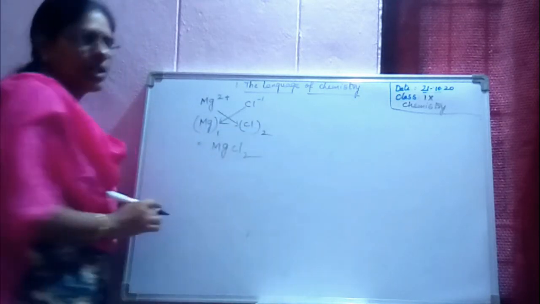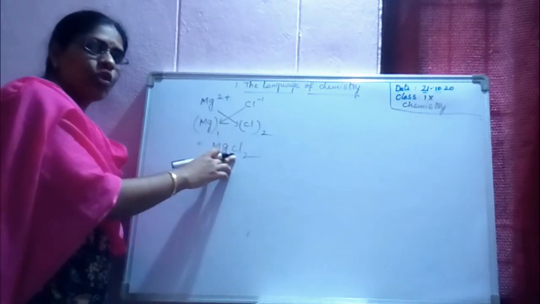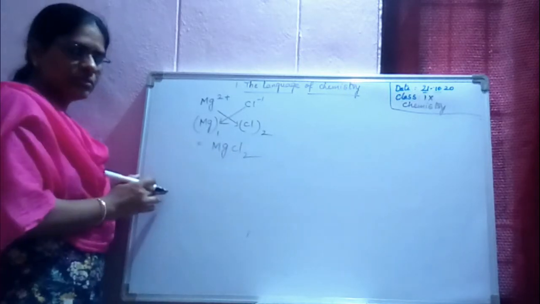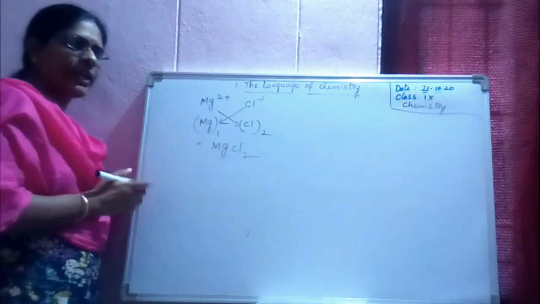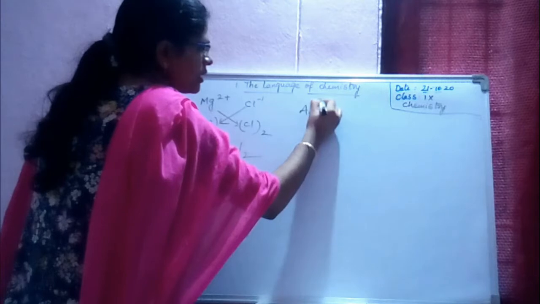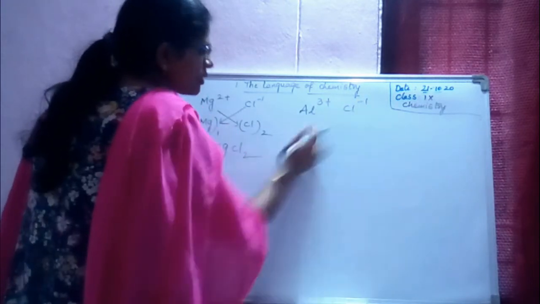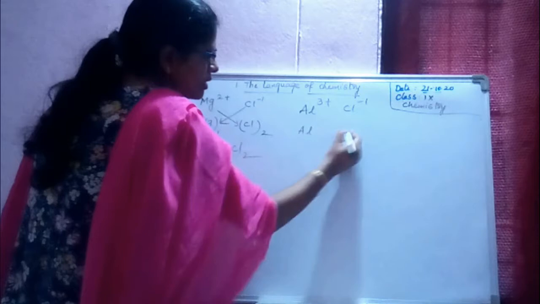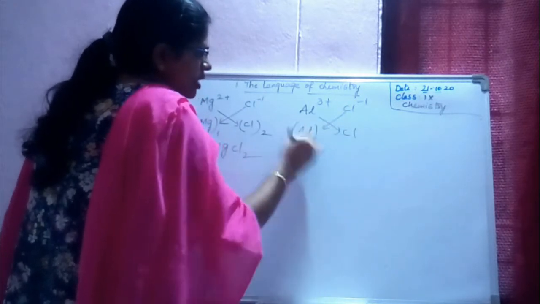MgCl2. Name the compound: magnesium chloride. What is this compound? Magnesium chloride. I have given you Al3+ Cl-1. AlCl. Again interchange.